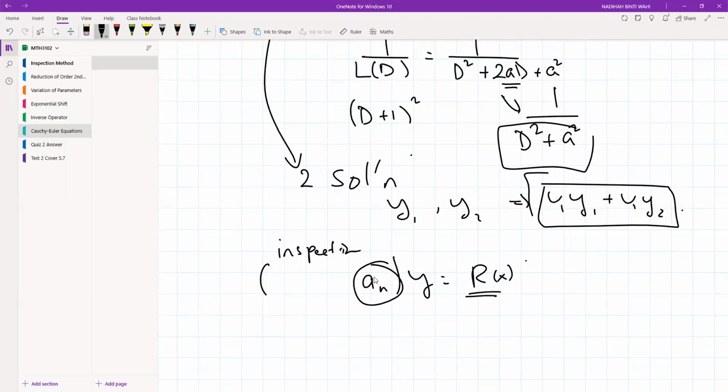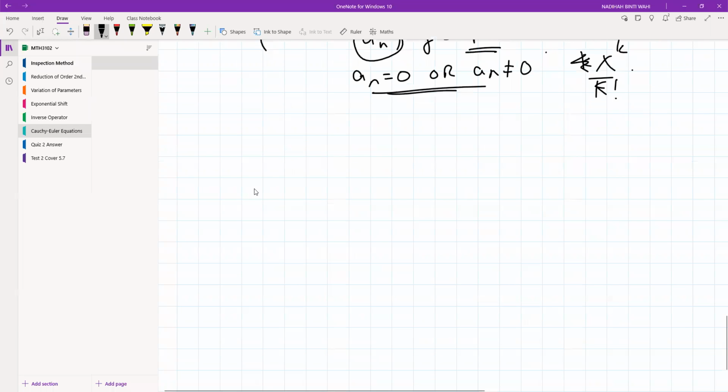So r of x bagi dengan an, sama ada an sama dengan kosong ataupun an tak sama dengan kosong. An tak sama dengan kosong, ia kan ada yang k factorial, x to the power of k factorial times something.